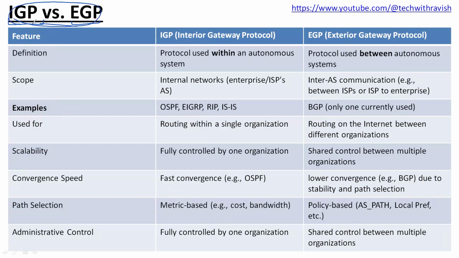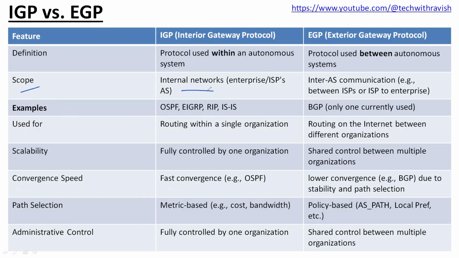Now let's compare the EGP protocol with the IGP protocol and see the differences between the two. According to the definition, IGP protocols are used within the same autonomous system number, like AS400 to AS400. The EGP protocol is used between different autonomous system numbers, like AS4001 to AS4005. Let's talk about the scope.